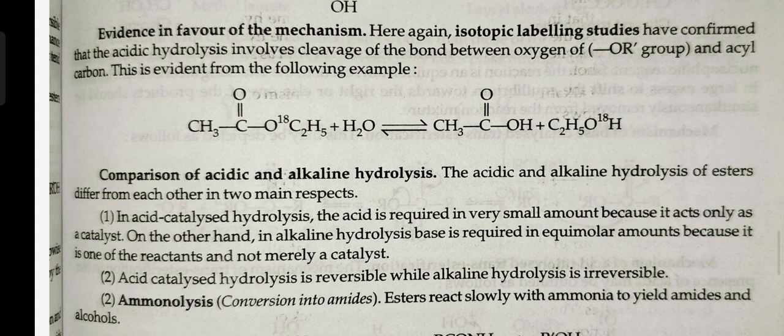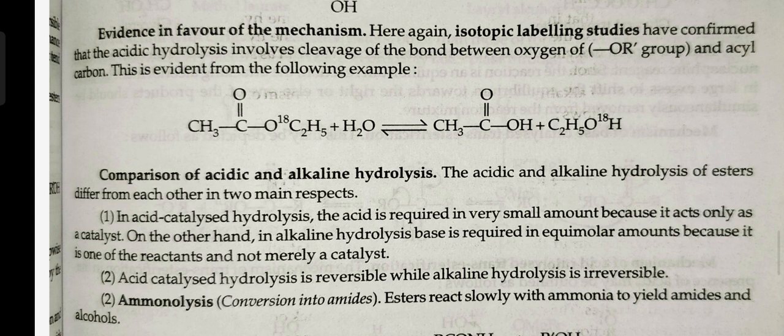In acid catalyzed hydrolysis, the acid is required in very small amount because it acts only as a catalyst. On the other hand, in alkaline hydrolysis, base is required in equimolar amount because it is one of the reactants and not merely a catalyst. Second, acid catalyzed hydrolysis is reversible while alkaline hydrolysis is irreversible.